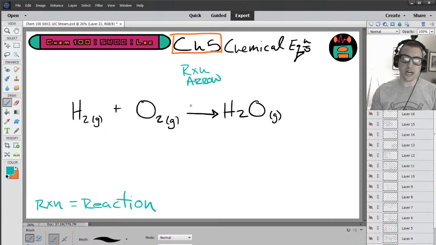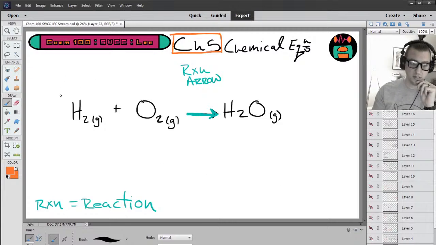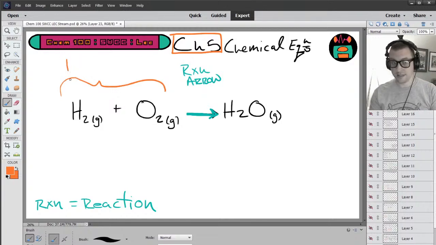And the reaction arrow right here divides our chemical equation into two halves. To the left, you have the products. Sorry, that's my dyslexia at work. You have the reactants.